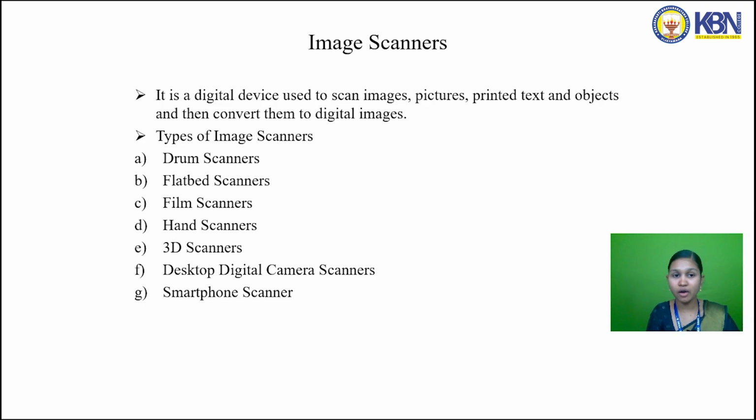Whenever you transmit the image to your scanner, it will be directly transmitted to the computer. The 3D scanners, film scanners and drum scanners support only some particular chips and devices, but the desktop digital camera scanner is directly connected to the computer, so we can use it better with our Android mobile phones.